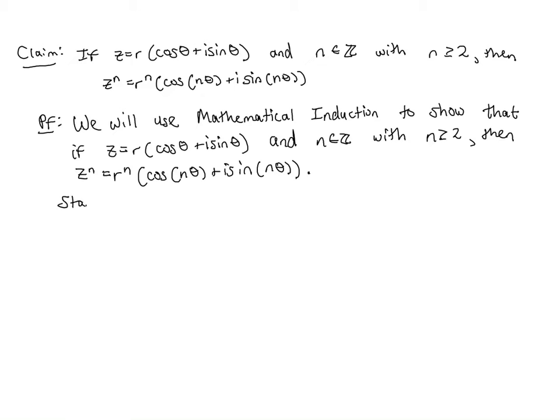And in mine, I started by assuming that z equals r times cosine theta plus i sine of theta. And for mathematical induction, you know, we have our basis step and our inductive step.